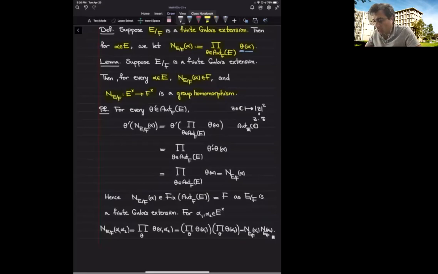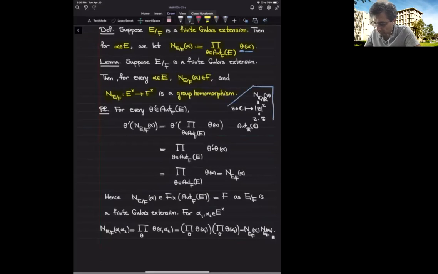So the norm of z with respect to the extension C over R is precisely the complex norm squared. Okay, so now we see a connection between the Galois norm and the complex norm squared as well.